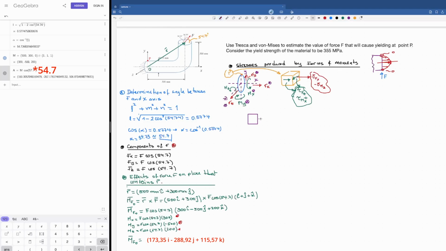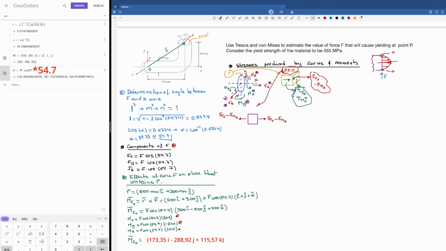And what we're going to have are normal stresses here: the normal stress produced by the actual force in X, and then minus the normal stress produced by the bending moment Mz. This is like I'm seeing it from above, so this is the point of view here. Looking at it from above, we know that these two are repeated also here.